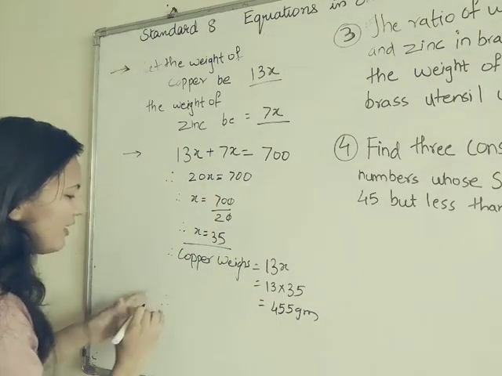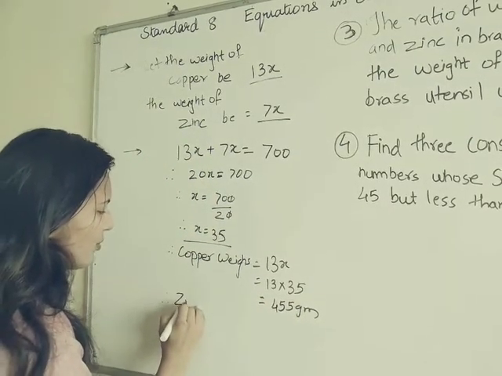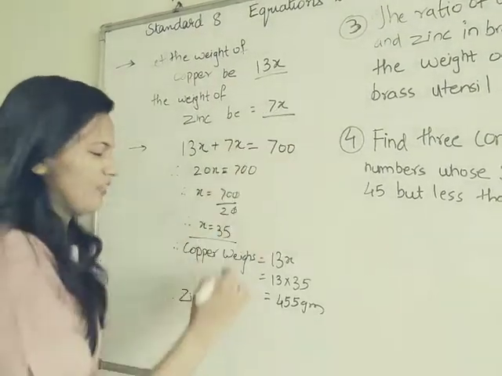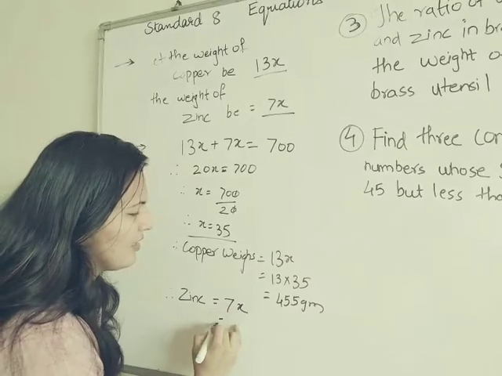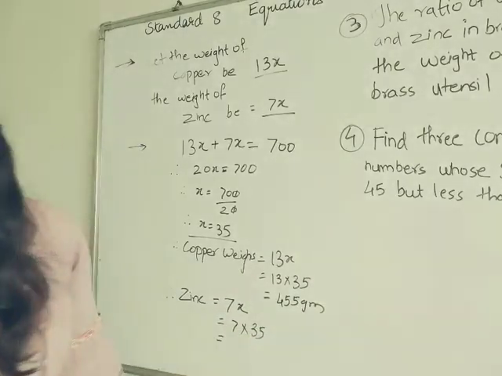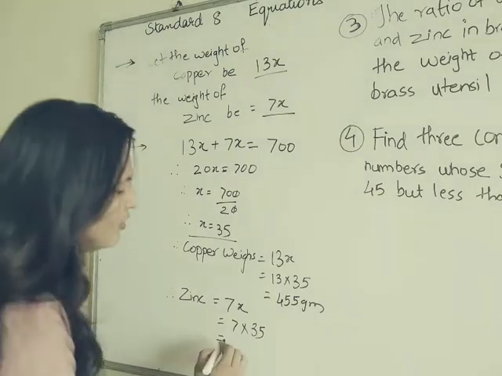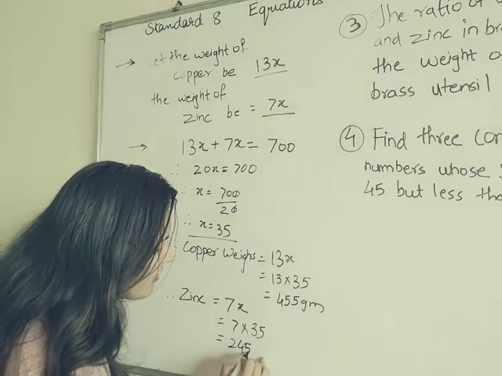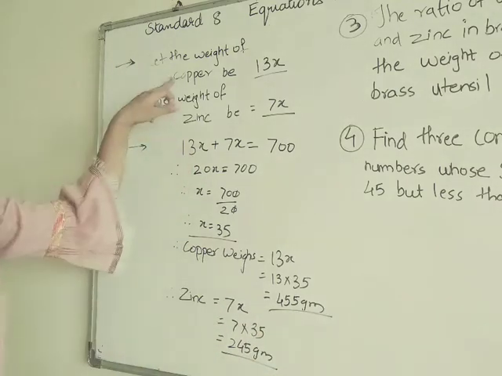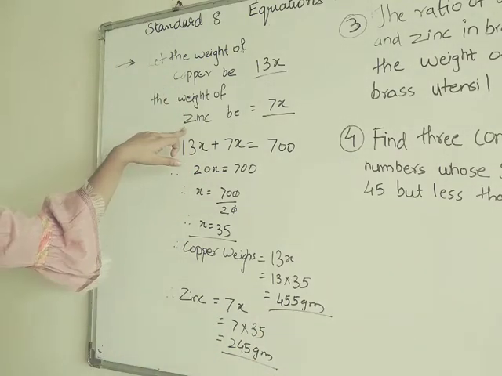So now let's find out the zinc weight. So zinc is equal to 7x. So 7 into x, which is 35. So 7 into 35 is 245 gram. So here we have found the weight of copper and the weight of zinc.